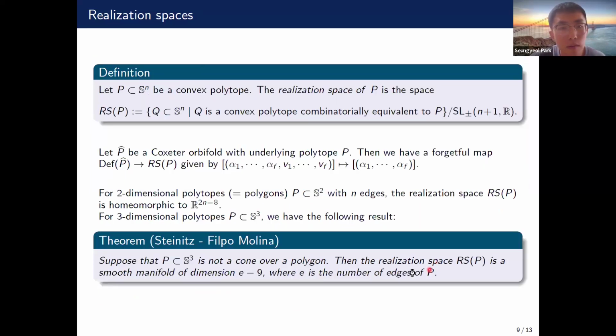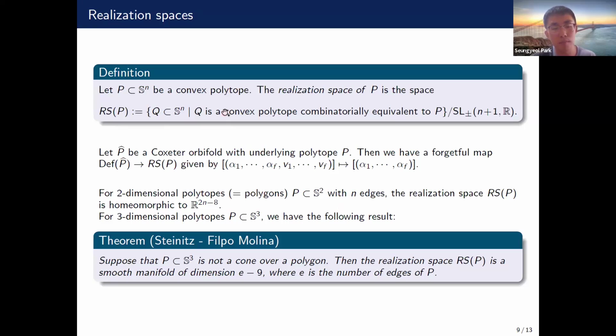By that motivation, I have to think about another space consisting of convex polytopes, and that space is called the realization space of a given polytope. The realization space of a convex polytope P is the space of all other convex polytopes inside Sn which are combinatorially equivalent to P. For example, if P is a triangle inside S2, then this space is basically the space of all triangles lying inside S2.